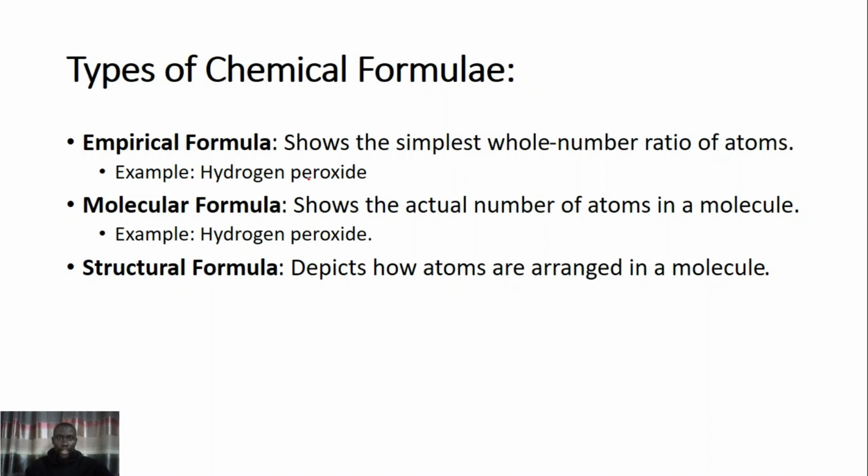Example, for hydrogen peroxide, the empirical formula is HO, which is ratio 1 to 1. But the molecular formula, which is the actual number of atoms combined, is H2O2, which is 2 to 2. This is the actual number of atoms combined to form hydrogen peroxide, while this is their simplest ratio. Okay. Structural formula depicts how atoms are arranged in a molecule.